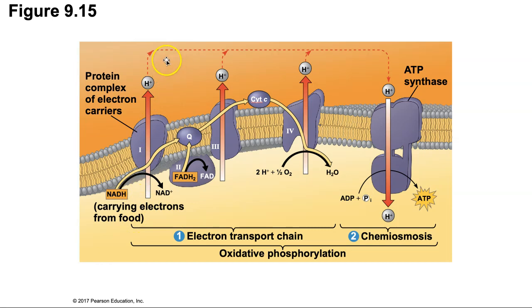And this is creating a gradient. So this area here, the intermembrane space, has a lower pH, meaning it has many more protons, right? Because a lower pH means that it's more acidic. So this darker orange area is very acidic because of this pumping action by all of these cytochromes and all of these complexes that are present in this inner membrane over here.